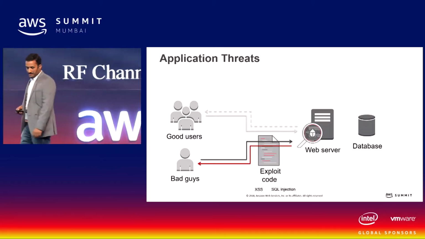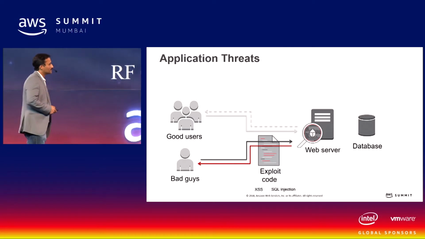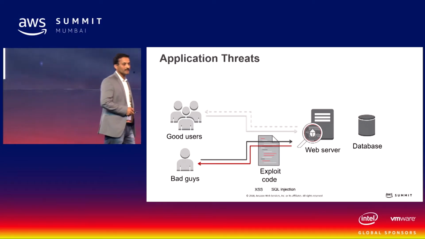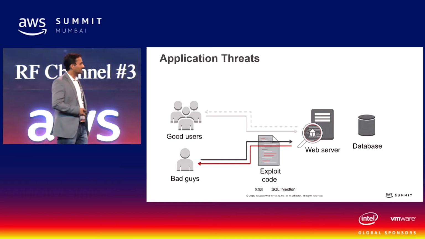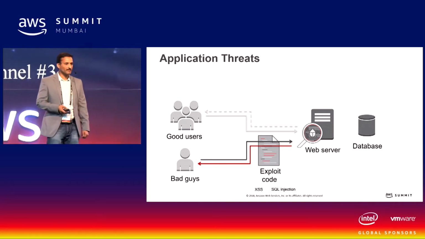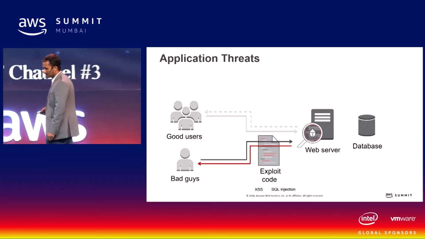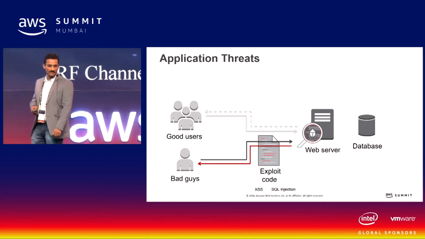In the same way, the next type of attack we see out there is exploit code, where content exfiltration is attempted using malformed packets, SQL injection attacks, or cross-site scripting attacks.